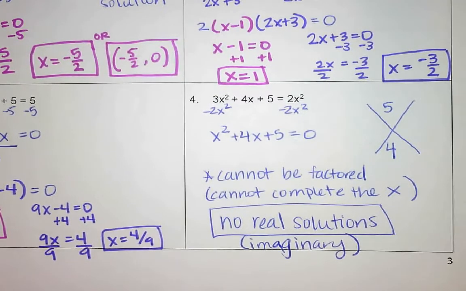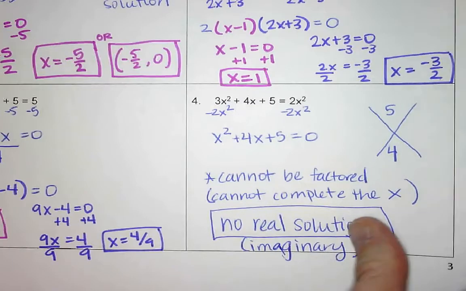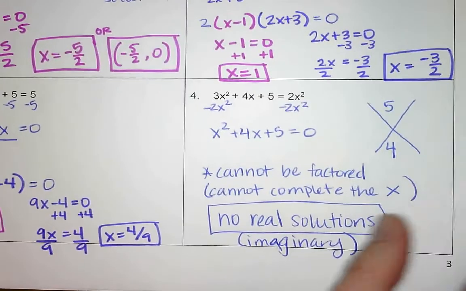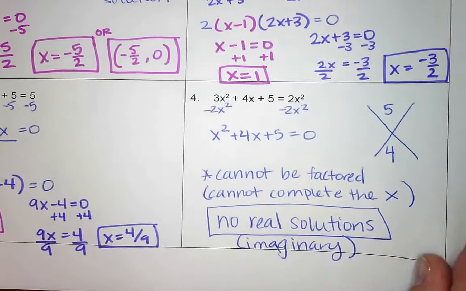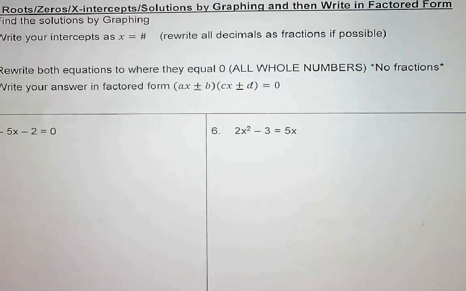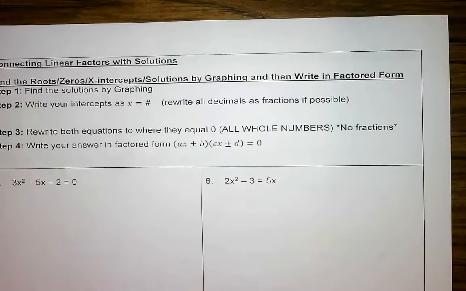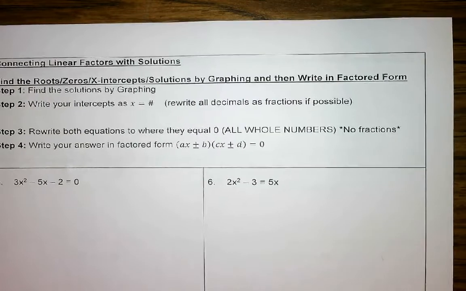All right. Last thing that I want to go over with you today, and then I'm going to let y'all get to this. I want to connect your factors with your solutions. On these over here, I hope you noticed, with 2x plus 5, my solution was negative 5/2.